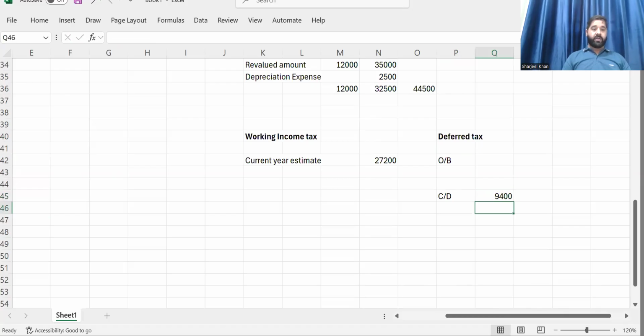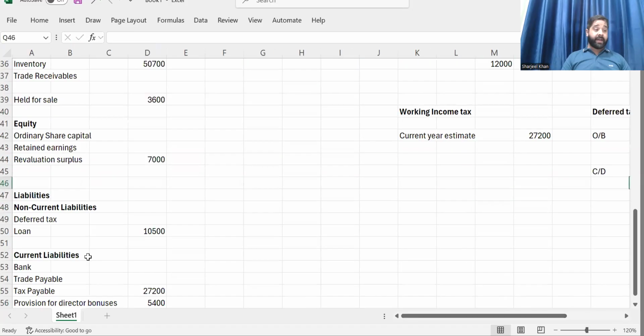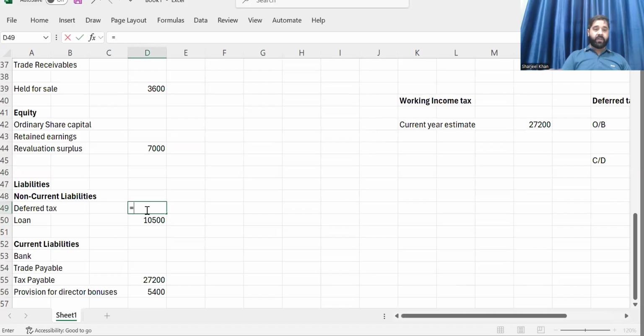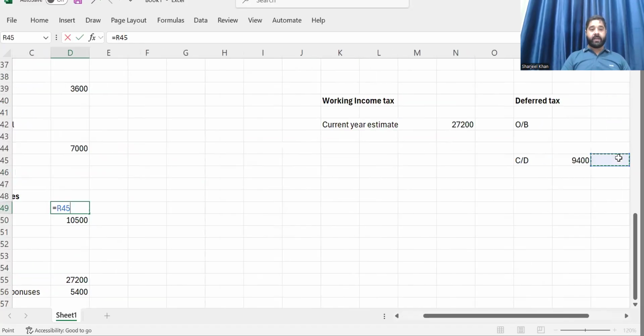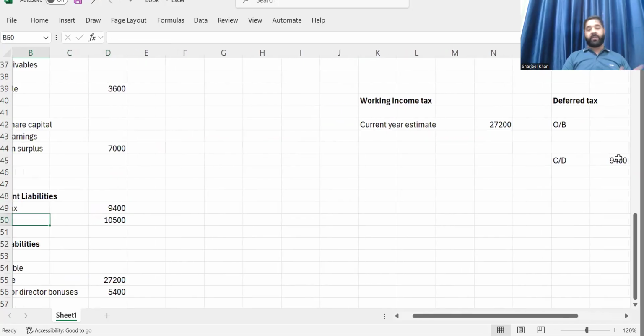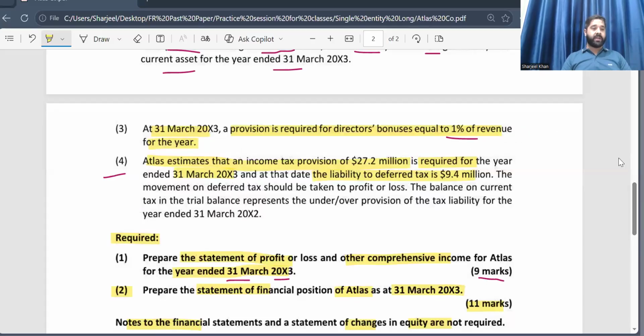So the closing value is recognized as a deferred tax liability as well. And the statement of financial position, I already explained it. And the movements will go into statement of profit or loss or other comprehensive income accordingly, right? The movements on the deferred tax should be taken to profit or loss. As the examiner already told you, it should be taken to profit or loss.